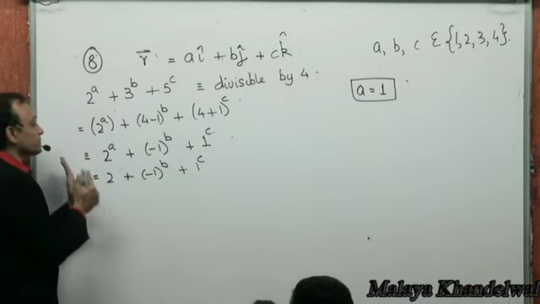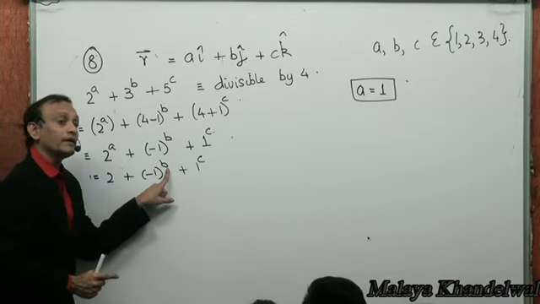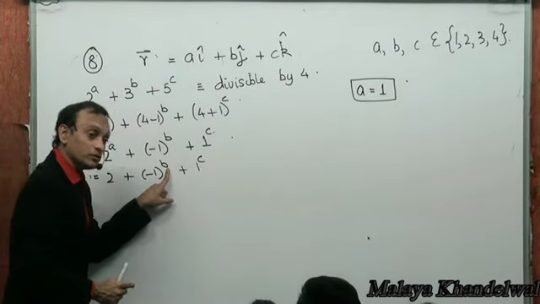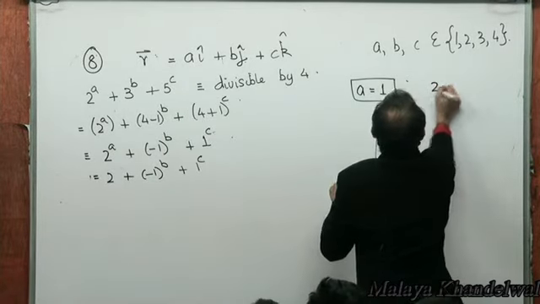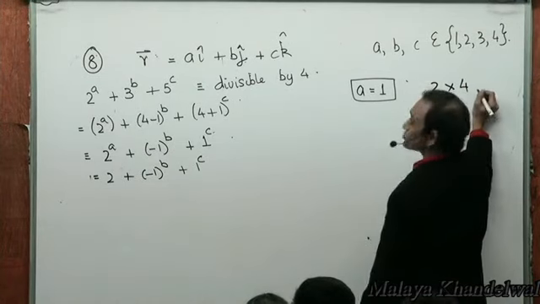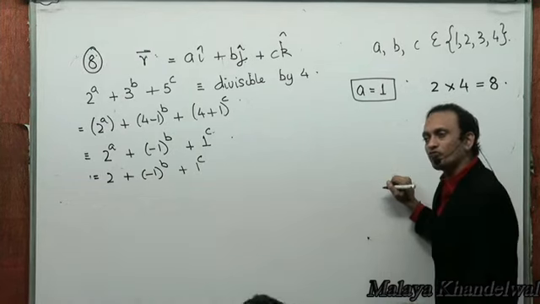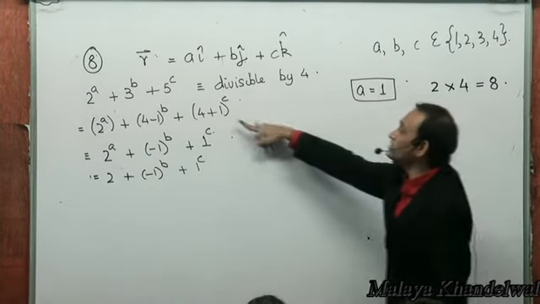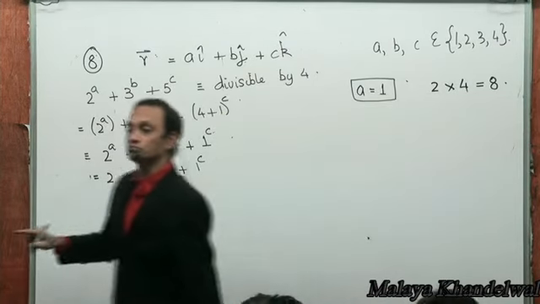So if A is 1, B can be any even number: 2 ways of selecting B. And C can be anything: C can be selected in 4 ways. So if A is 1, there are 8 possibilities of A, B and C that will cause this number to be divisible by 4. Yes or no?